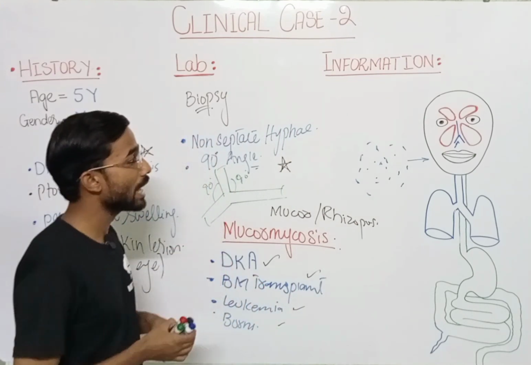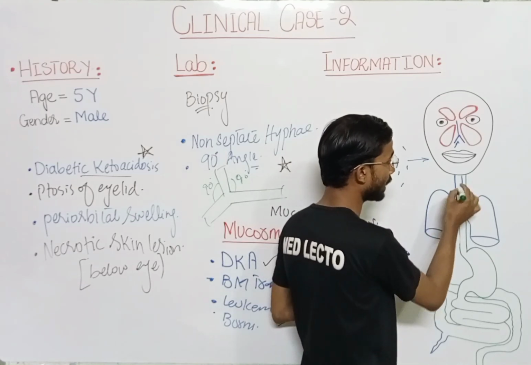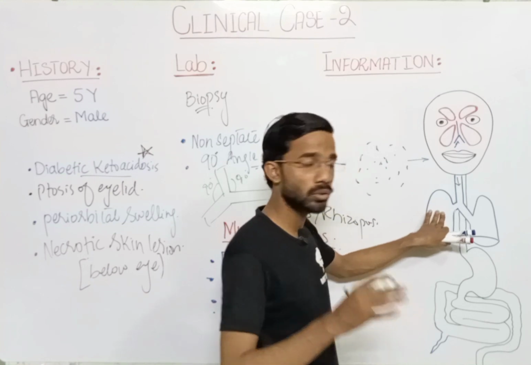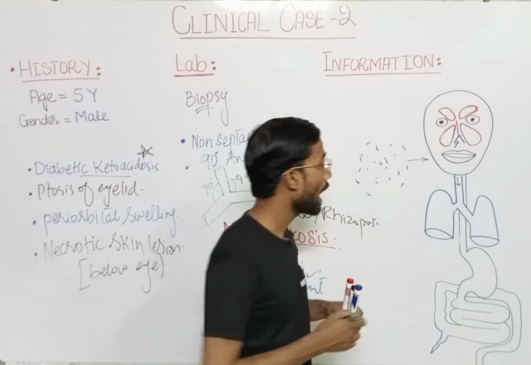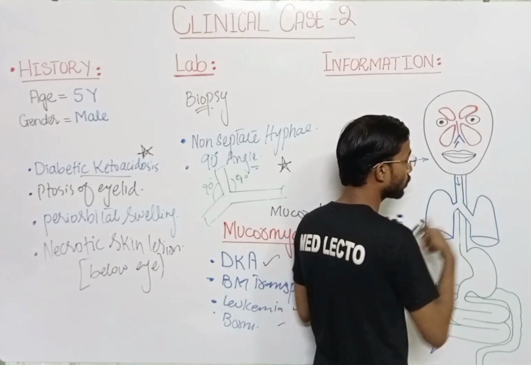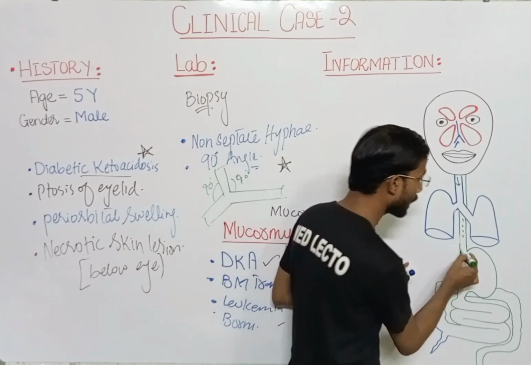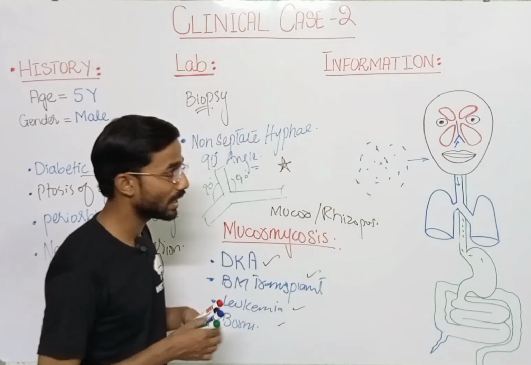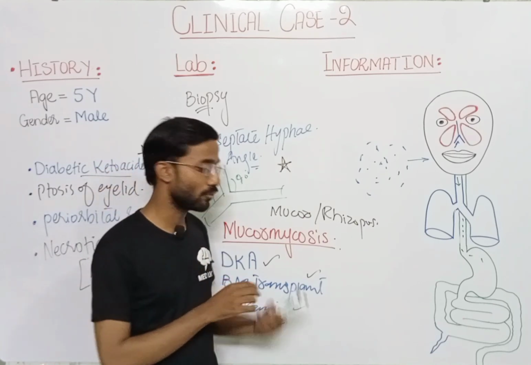From the mouth, it can enter the trachea, and through the trachea it can enter the lungs, which are at the ventral side. It can also enter through the esophagus, which is at the dorsal side of the trachea, and enter into the GIT tract.